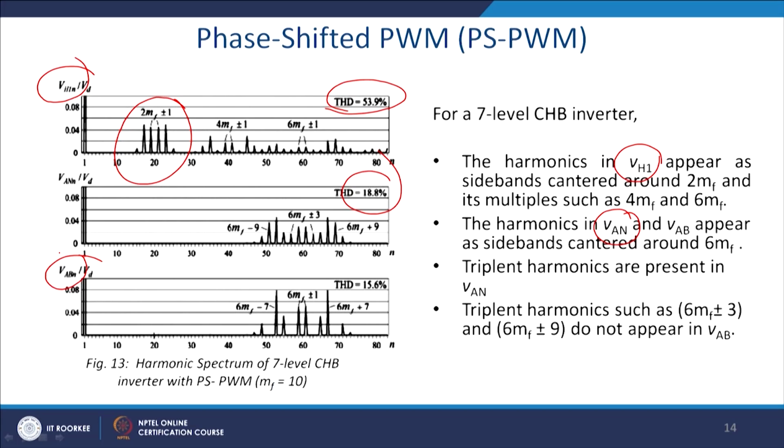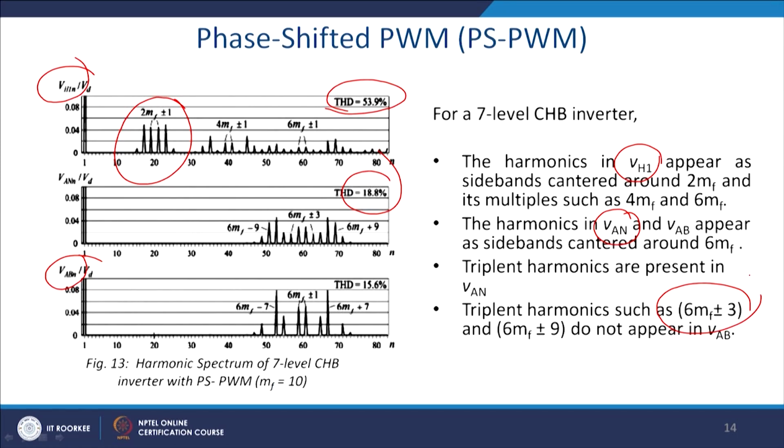Similarly, if you take the ratio, you will find VN, that is the line voltage. It will be further shifted and will be available at 6 mF. So, you require only a very small inductor to eliminate this high frequency harmonic noise, and this will be around 15%.